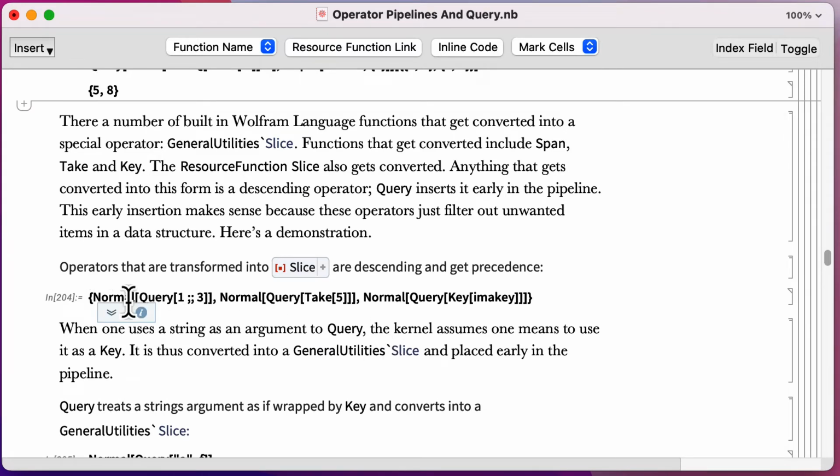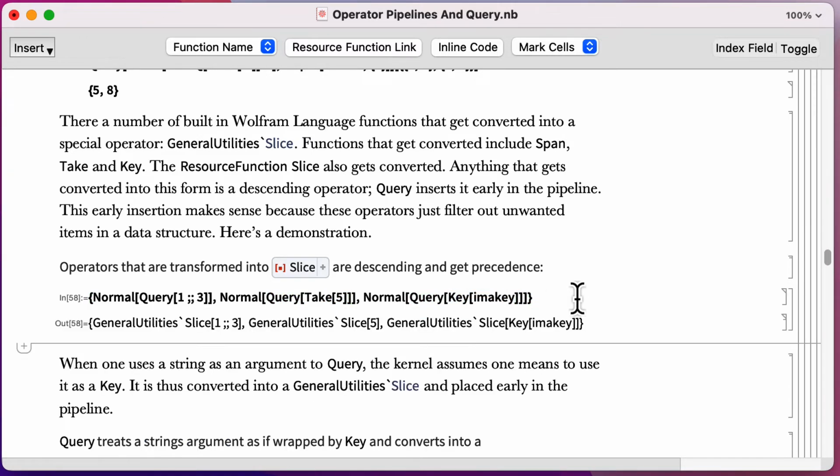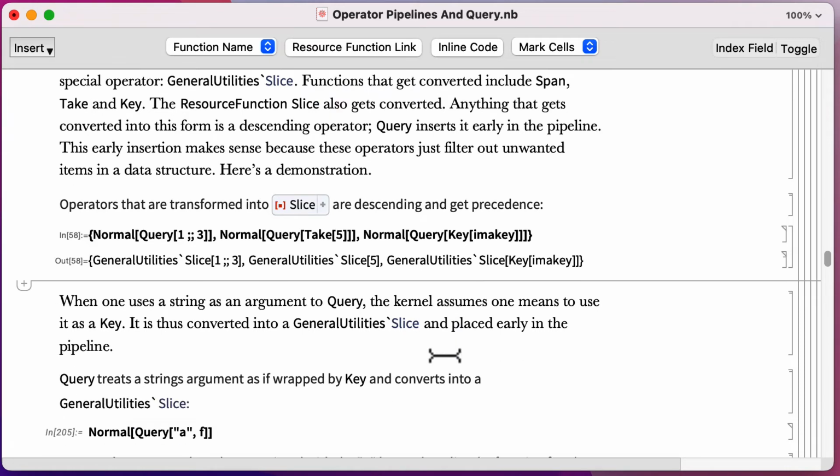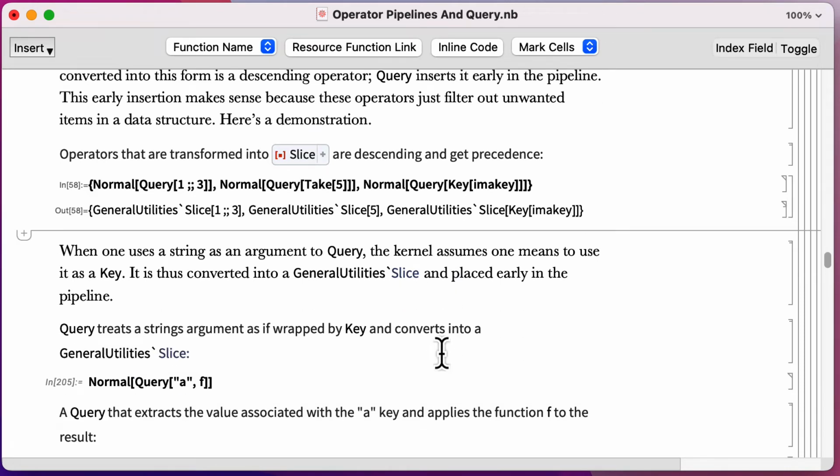So if we look at some queries, that's going to get converted to a slice because it's a span, that's going to get converted to a slice, and this is going to get converted to a slice. Okay? And so slices come ahead of time.